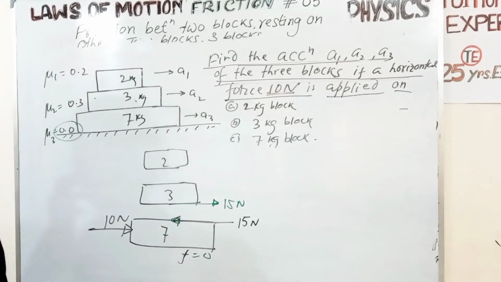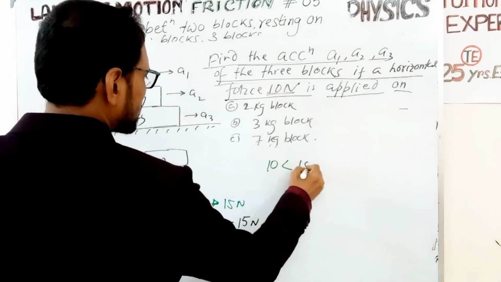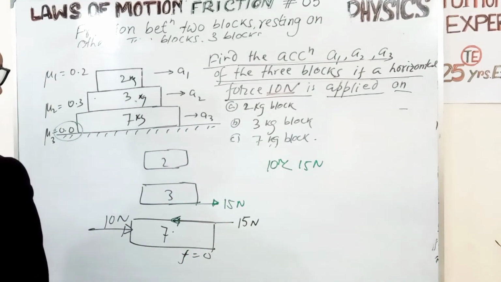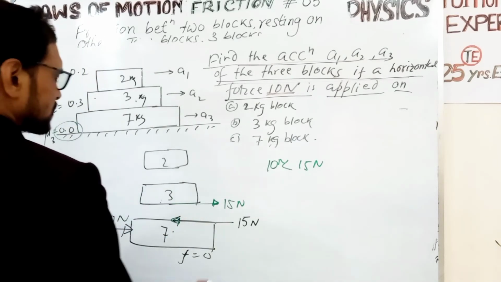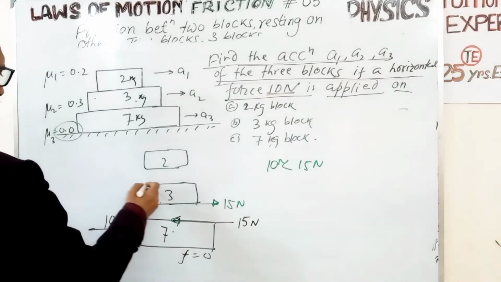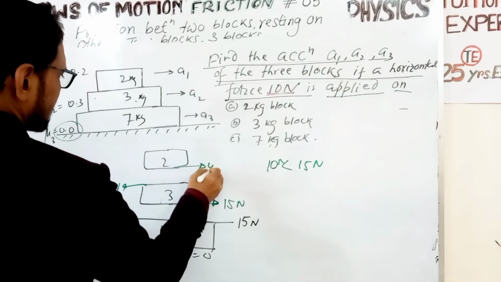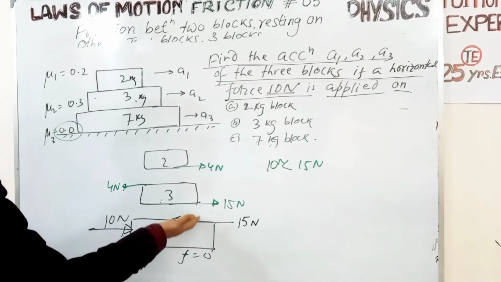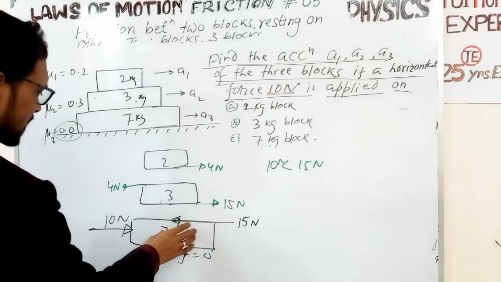Now here also, as the external force is less than 50 Newton, 10 less than 50 Newton, so 7 kg cannot move over the 3, that is 7 and 3. Now first the friction force acts on the 7 kg in this direction, which is greater than 10 Newton, so 7 kg cannot move.